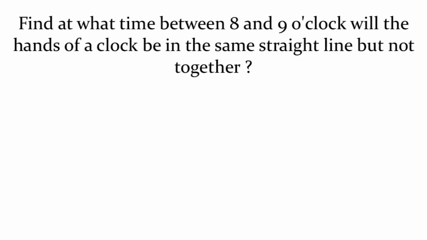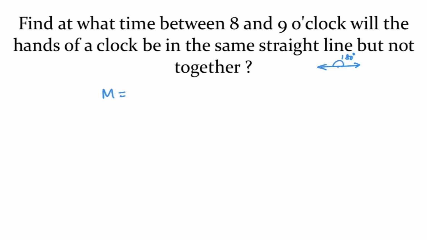Find at what time between 8 and 9 o'clock the hands of a clock will be in the same straight line but not together. They are in the same straight line but not together. Again, the angle between the hands is 180 degrees. So whenever time is required, what is the formula we use?